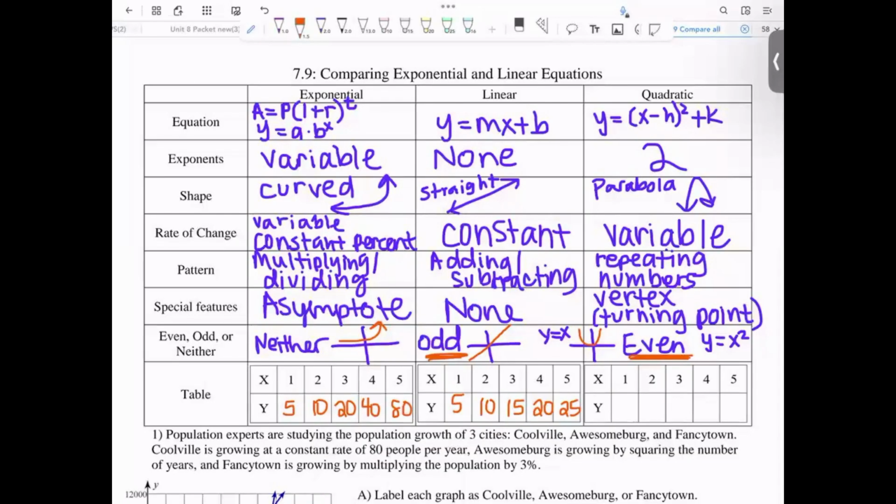And with quadratic, you might see something like 4, 10, 12, 10, 4. So we would see the numbers start to increase and then they would go back down. We would see those numbers start to repeat. And that alerts us that it will be quadratic. And that middle number, 12, that would be our vertex.